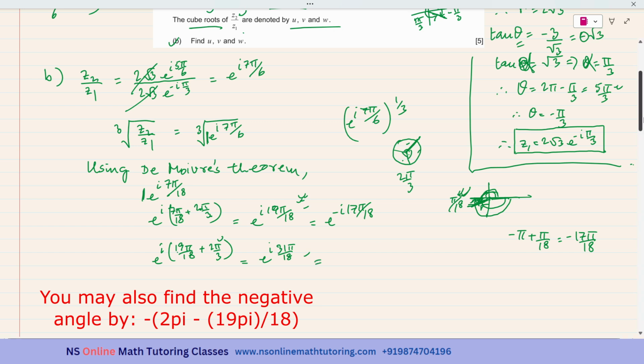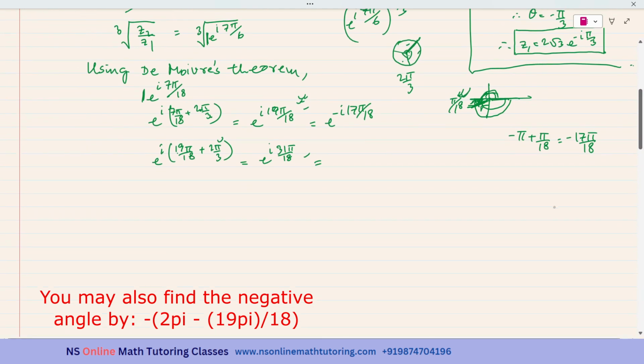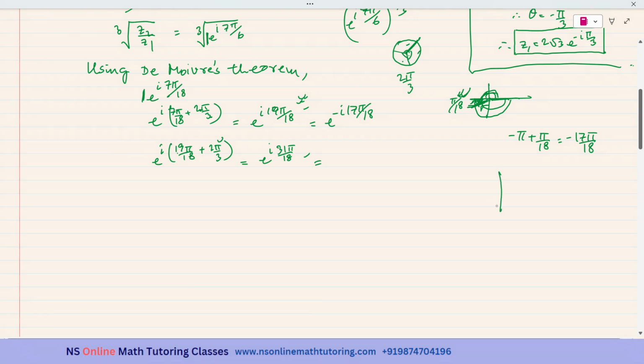And what about this one? 31 pi over 18. Again, I'll be considering the positive angle first of all. It has come to this point, which means this is 2 pi. So 2 pi, and that is 36 pi over 18.